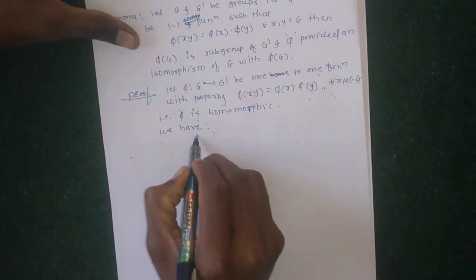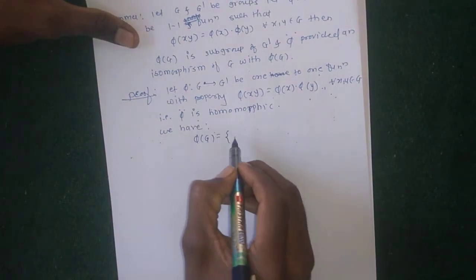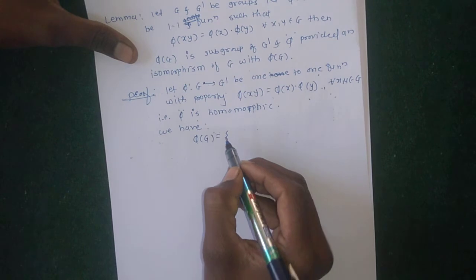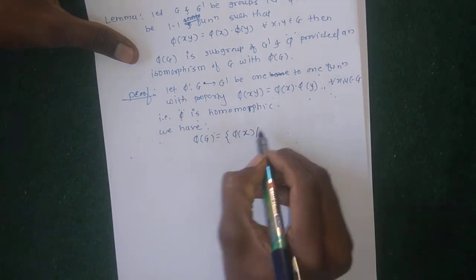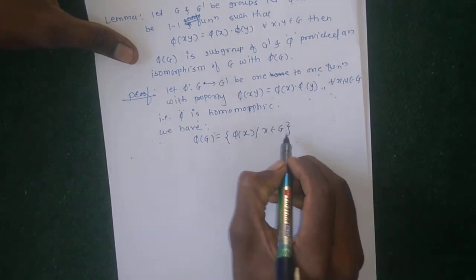We have phi of G equal to the range set, which contains elements of the form phi of x where x belongs to G. This is the range set.